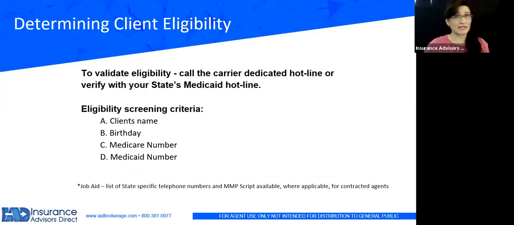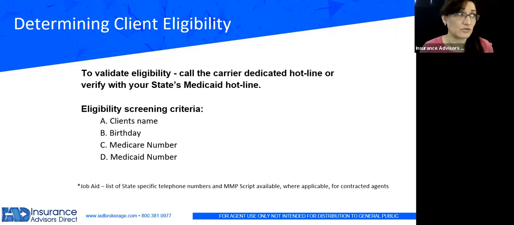So determining client eligibility can be a little tricky, but remember, we have to ask questions and then make some calls. The carriers will have a dedicated hotline for verification. And if you don't have that number, we have those numbers available here. You can also call the state Medicaid hotline. Each state has a Medicaid number that you can call to verify.